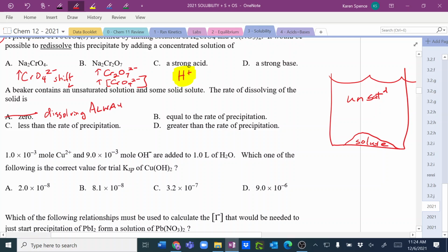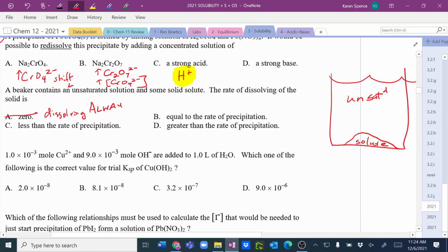Is the rate of dissolving equal to the rate of precipitation? Is it true that for every one of these reactions where it dissolves, another particle will precipitate? If that was the case, what kind of a system would we have?